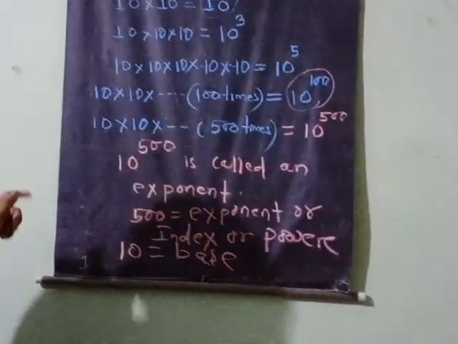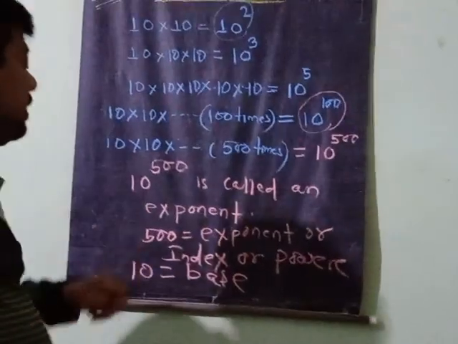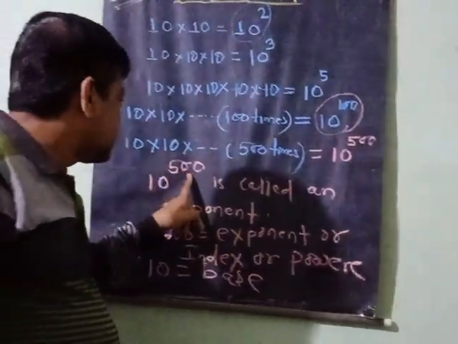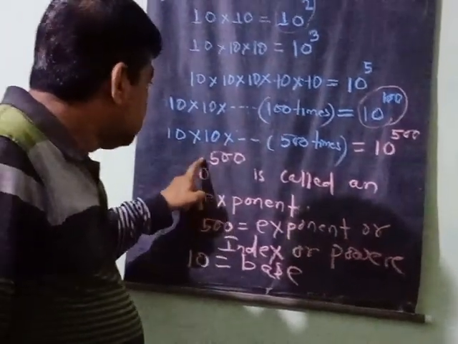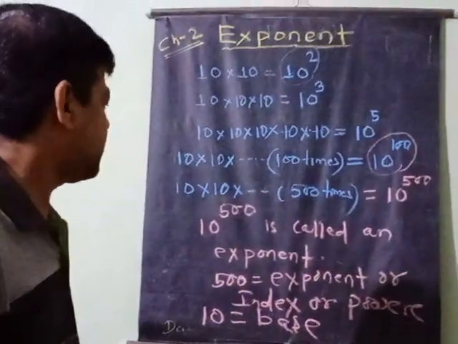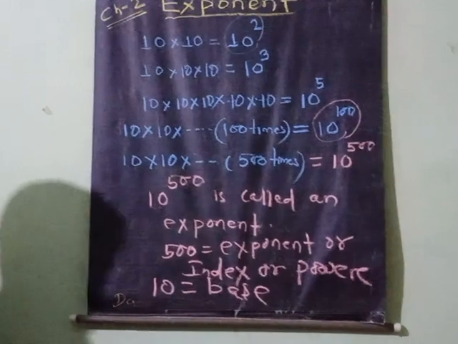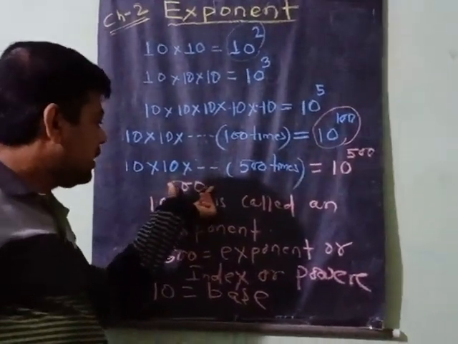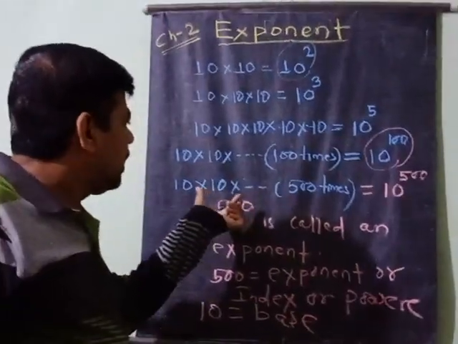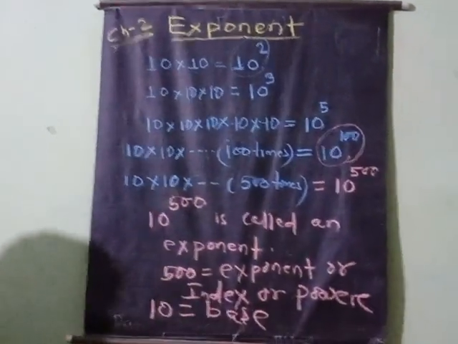So 500 is the exponent, and the exponent tells how many times the number 10 is used in the multiplication, repeated that many times. So the idea of exponent tells how many times we multiply a given number.